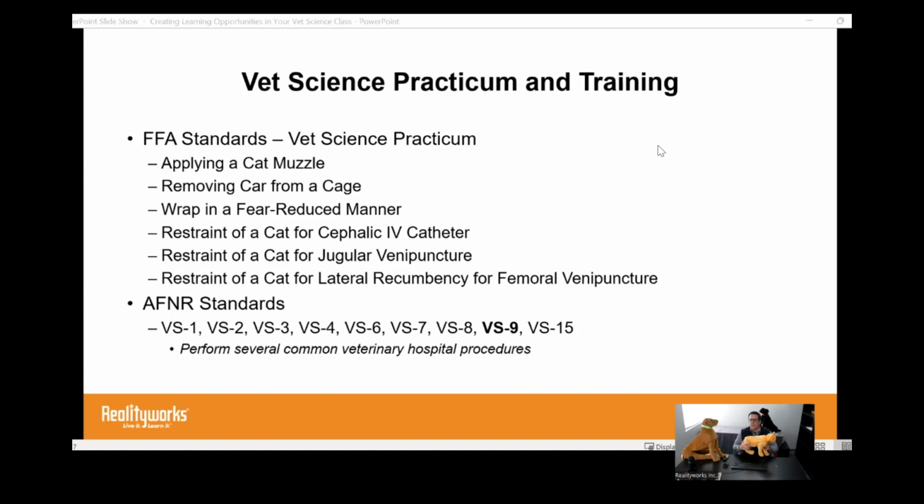So being able to have it full size can do a lot for restraint and handling purposes, but it also hits a lot of the standards, not only for FFA for the practicum, but also for some of the agriculture standards. One of the main ones being performing several common veterinary hospital procedures on this animal.